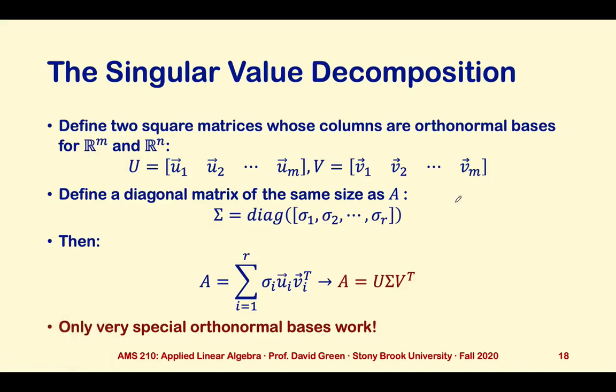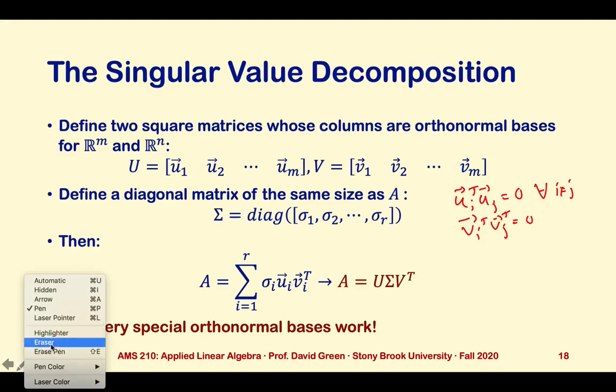Just to be clear, what does this mean? This means that the dot product of Ui, Uj is 0 for all non-equal elements. The dot product of all of the columns is 0, and the same thing for the V's.